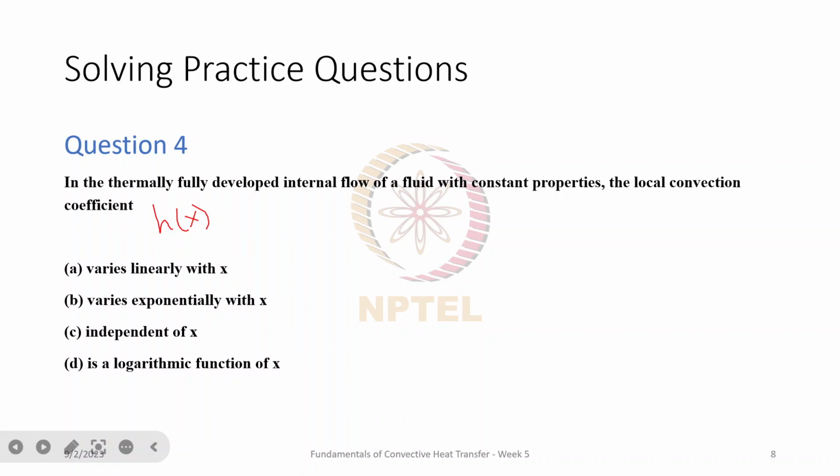Okay, so we'll have a look at the solution. The solution is indeed option C, independent of x. So those who chose option C, well done.